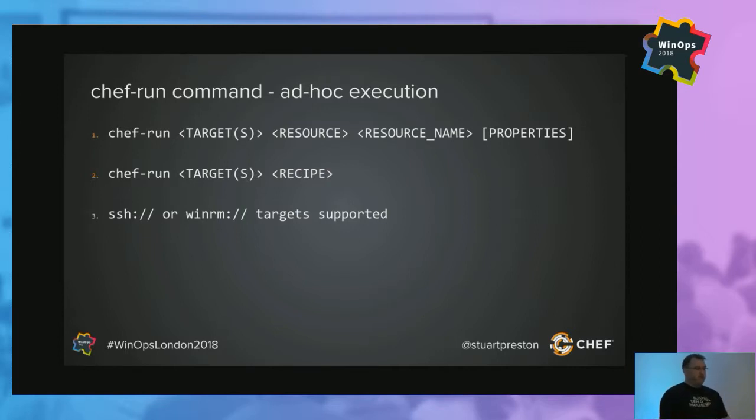You can use any resource that is built into Chef Client itself, or you can say, take this cookbook or even a recipe within my cookbook and just run it on this remote machine. By doing this, we're hoping to give people more confidence about getting started with Chef.